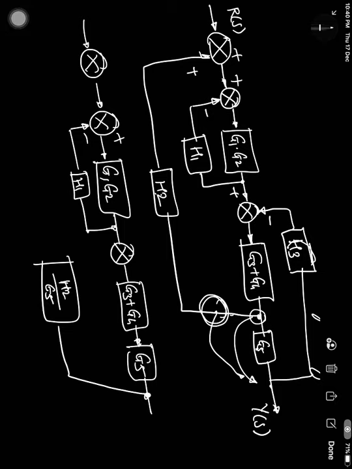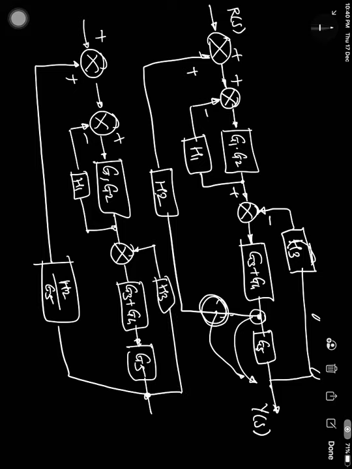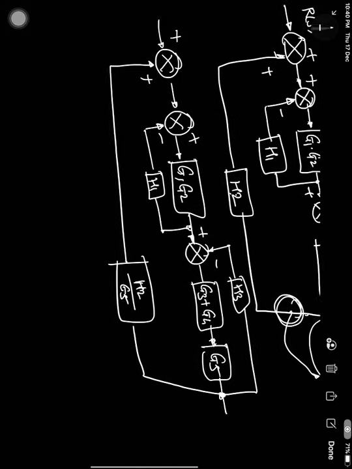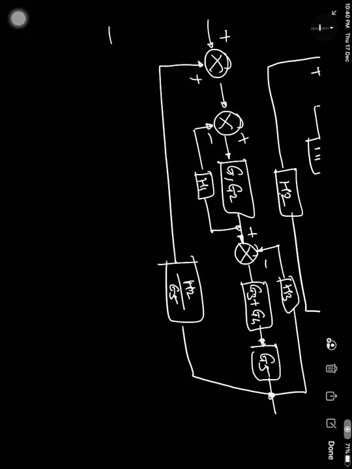This is the next step. One more thing we are supposed to add, which was there in the previous block, is the H3 feedback, negative and positive. I hope you people are understanding. Now next, this is in series, we can multiply this, right? So this summation block as it is, series G1 G2, right?